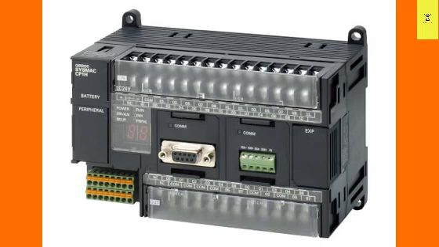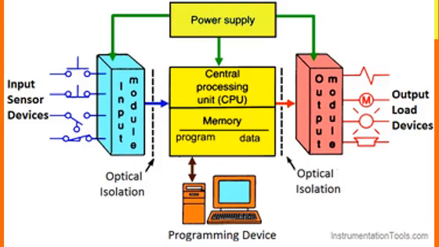By the description, all components like CPU, input and output modules, and power supply are built into a single unit, which means this cannot be expanded. You use it how it is.